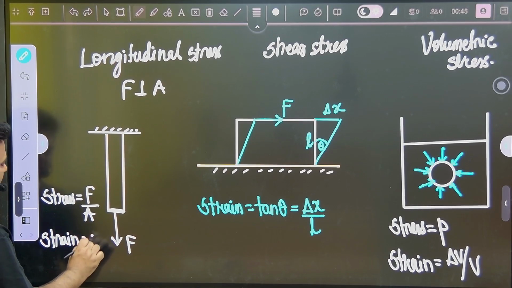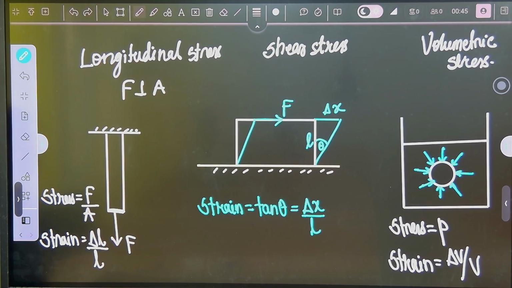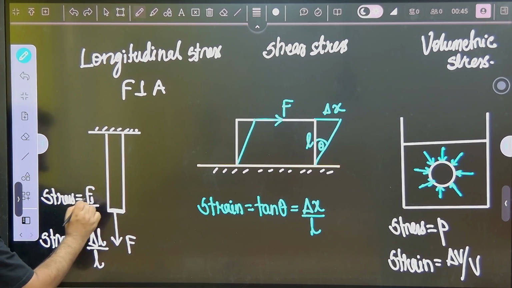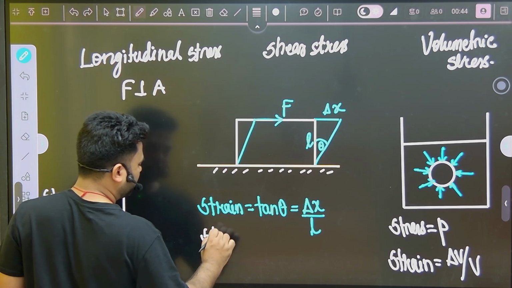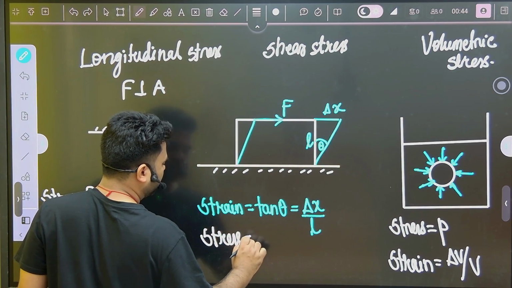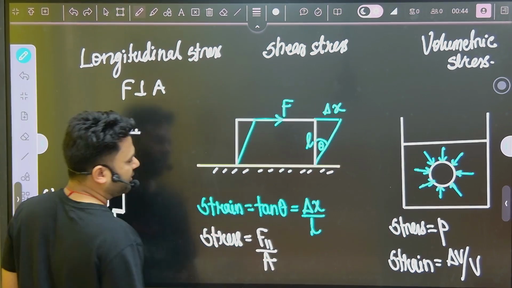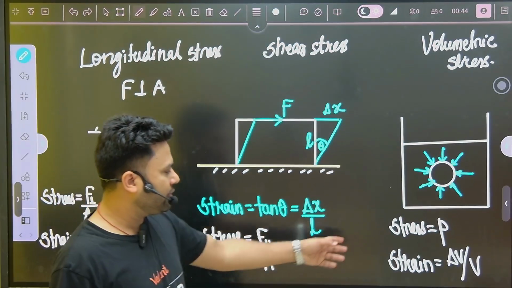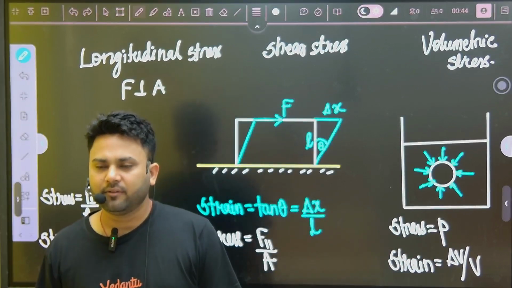Strain I told, change in length divided by original length. Similarly here, the stress formula will be the same, force parallel divided by area. Here I told stress will be pressure and strain will be delta V by V.